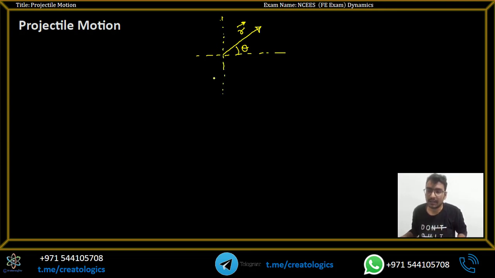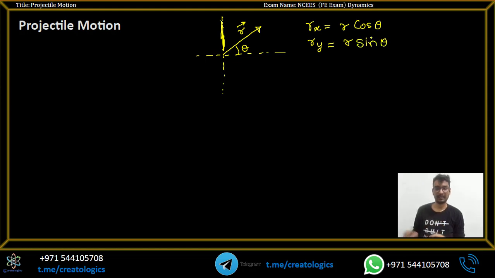The horizontal component of this vector, which you can represent by rx, is r cosine theta, and the vertical component, in this direction, is represented by ry, and its value will be r sine theta.